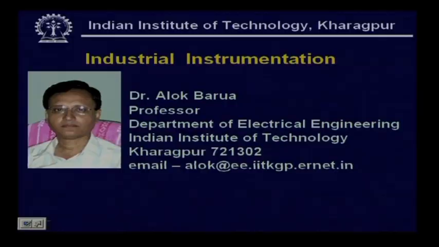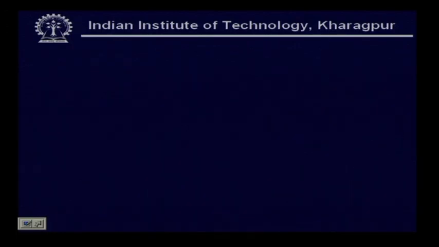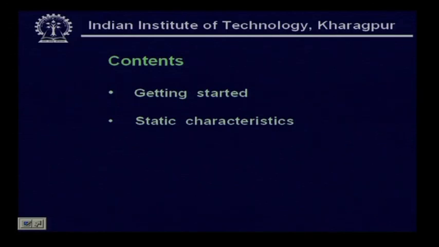In lesson 1, let us look at the contents. Lesson 1 is basically, as I told, an introduction. The contents of this lesson are getting started, that means a basic introduction to the system. Then I will cover the static characteristics.